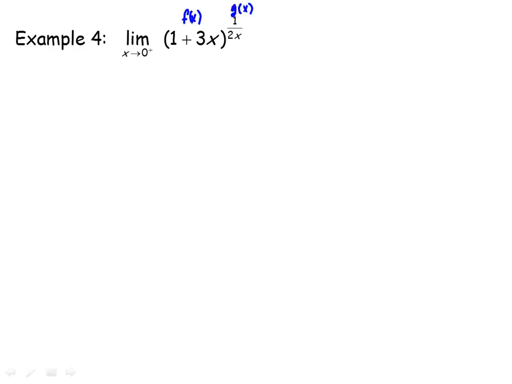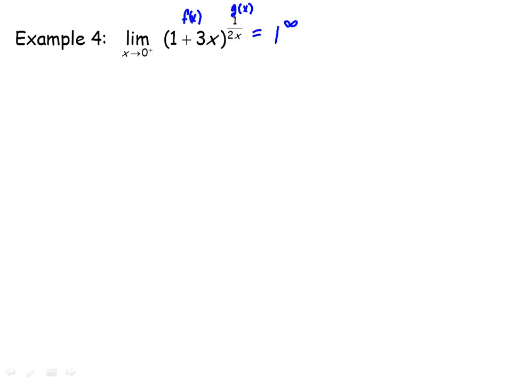So you have a base to a power. Let's apply the limit and see what happens. If we apply the limit on the inside, we're going to get 1 plus 0, which is going to be 1. And then for our power, we're going to get 1 over 0. What is 1 over 0?